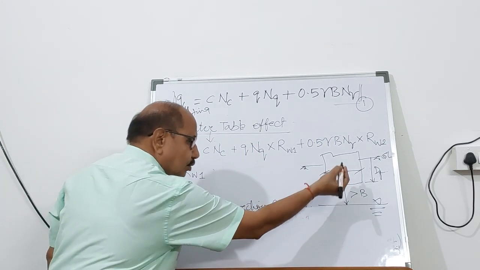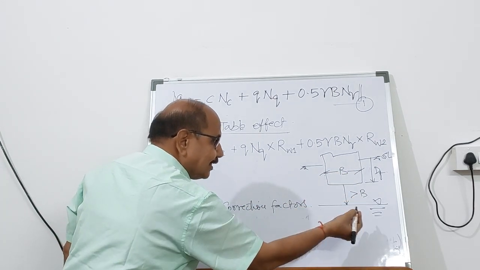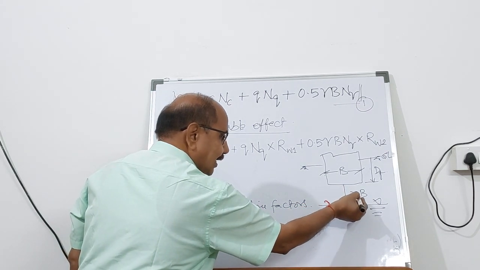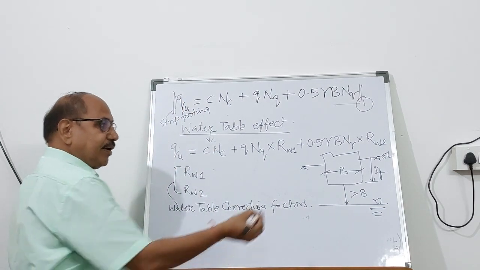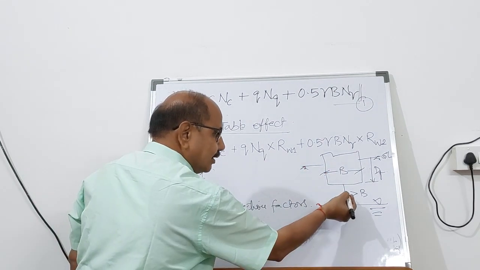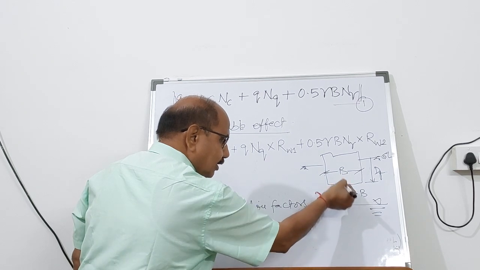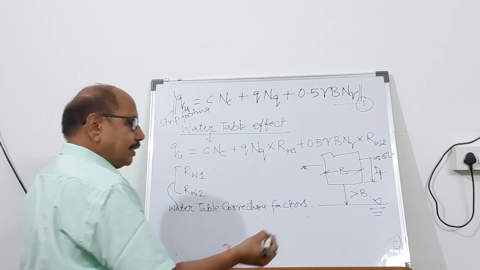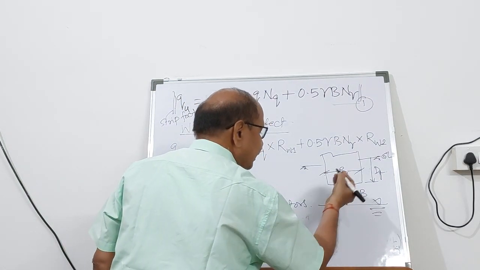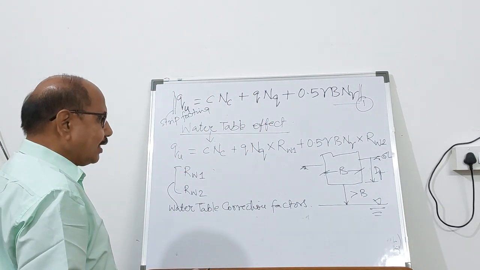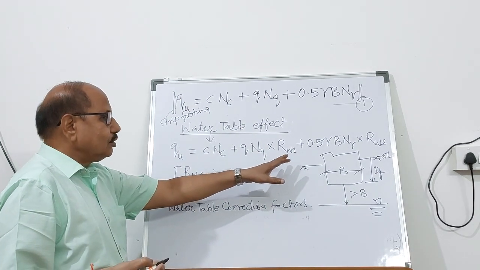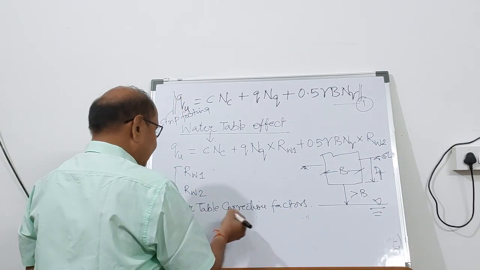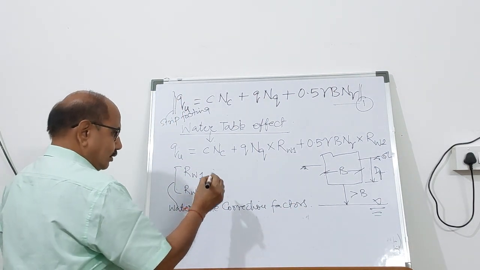For this case, the water table is at a greater depth from the base of the footing, greater than B. Say B equals 1.5 meter. So from the base of the footing, the water table is below, greater than or equal to this. Then you don't require any correction factor. The correction factors will be 1.